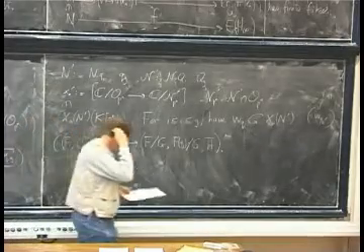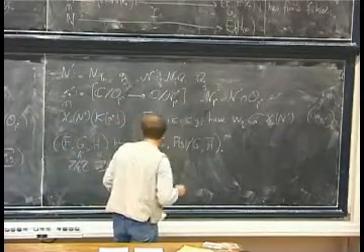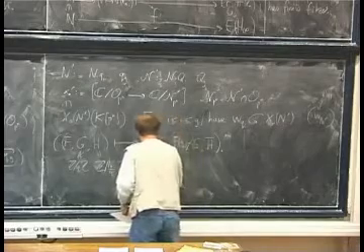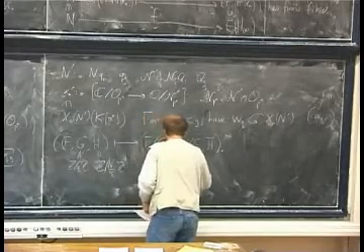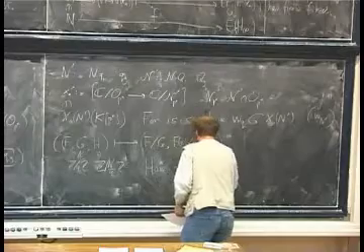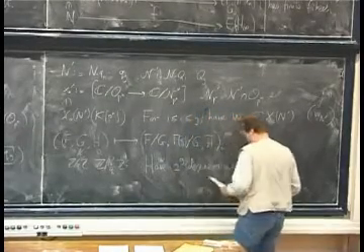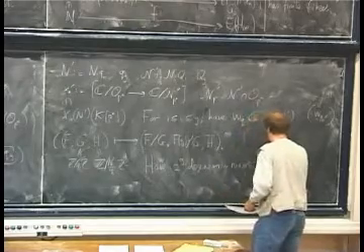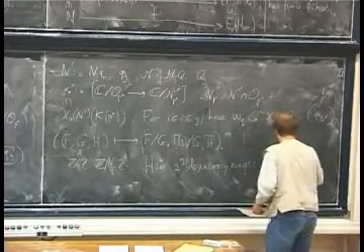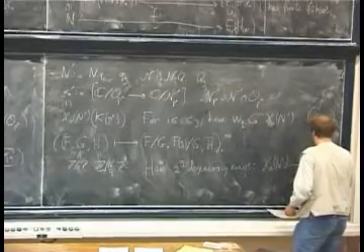So we have now 2 to the g degeneracy maps from x0 n prime to x0 n.